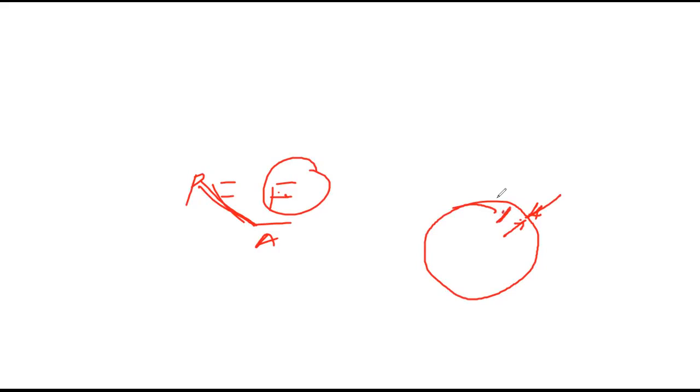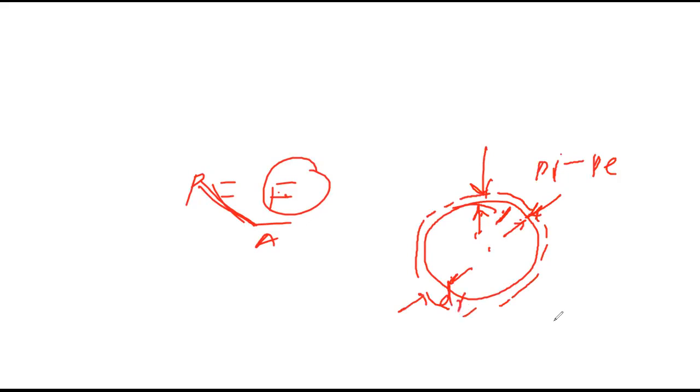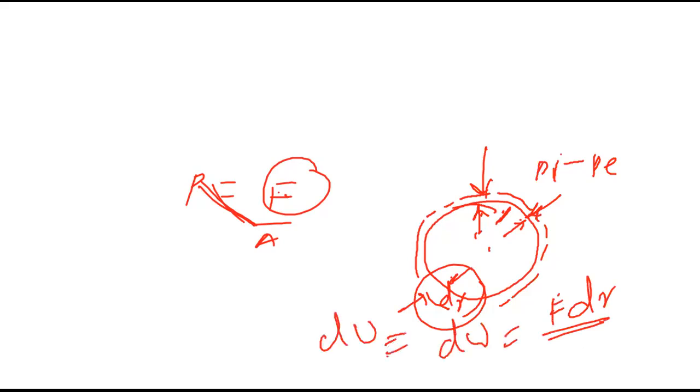Net pressure acting is internal minus external, because internal is greater. And that force is making it expand a bit by a very small distance dr. Work done is force into displacement, and work done against the force is also called energy. Keeping this concept in mind, let us see further.